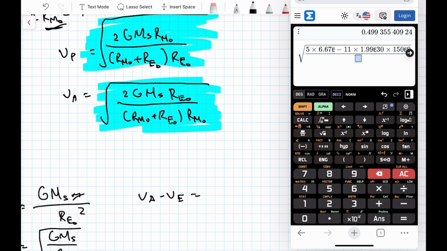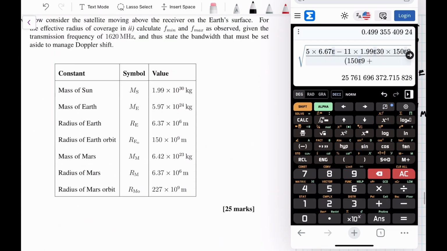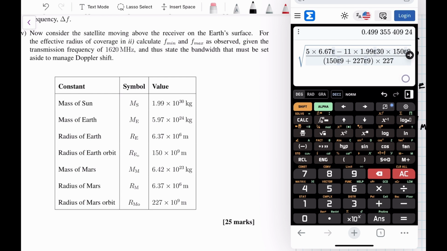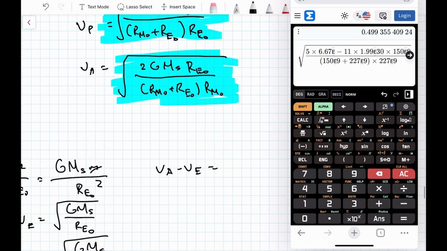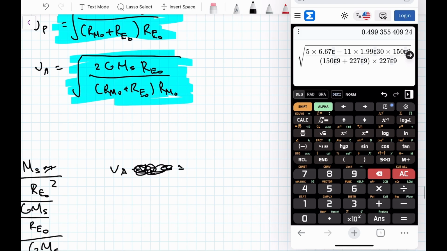And then this is over 150 10 to the 9 plus the radius of Mars orbit, that's 227 10 to the 9, multiplied by 227 10 to the 9. I think it might be more conventional to just calculate the values first to simplify further calculations.